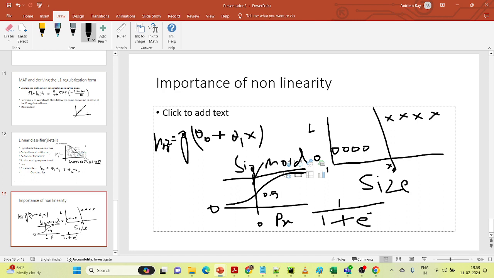So this is f(x). This is the sigmoid function: f(x) is equal to 1 upon 1 plus e to the power minus x. In place of x, we put the linear combination of theta 0 and x into this. So this becomes the hypothesis.